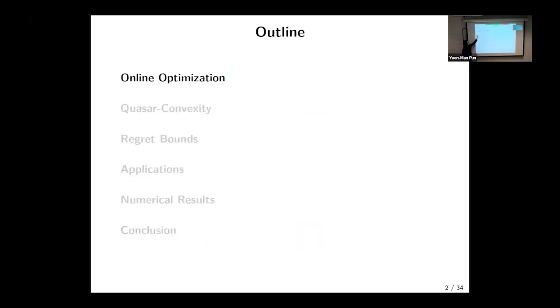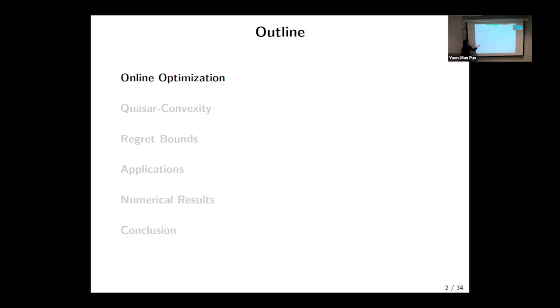I'll first start with talking about what an online optimization problem is, and then I'll talk about how I apply online optimization to a class of functions called quasar-convex functions, and then I will talk about the regret bounds of online gradient descent when applying to quasar-convex functions.